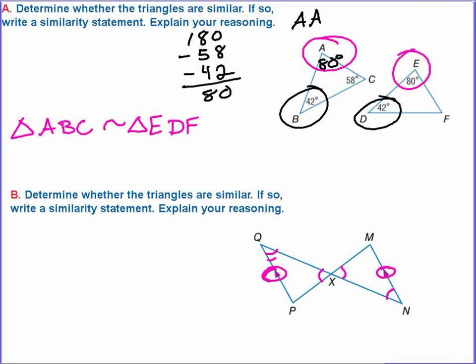So we have alternate interiors this way. And so that gives us angle-angle. So our triangle QPX is similar to triangle NMX. And the reason is by angle-angle.